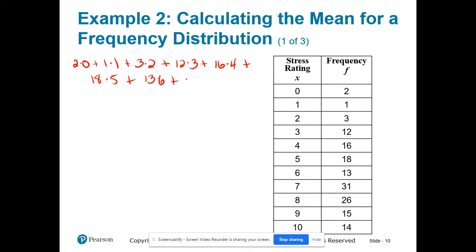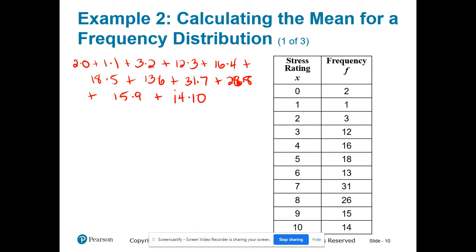What else do we got? 31 7s, 26 8s, 15 9s, and 14 10s. Okay, I'm going to add these all up.